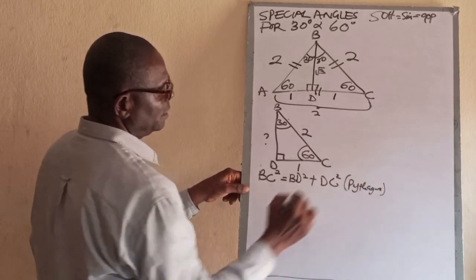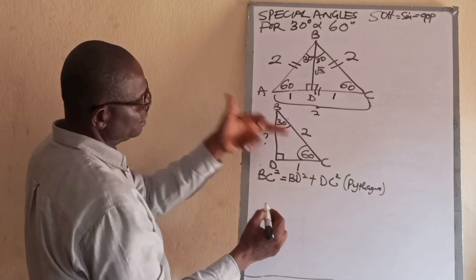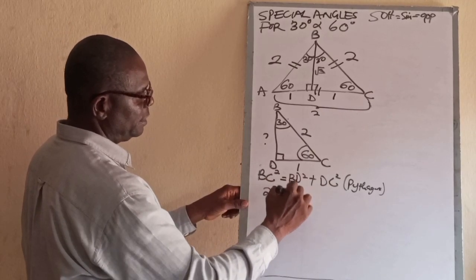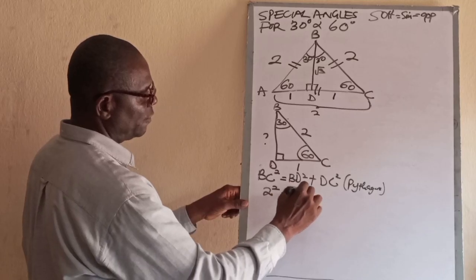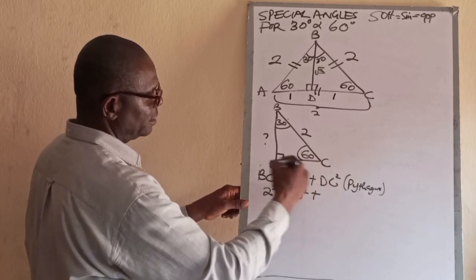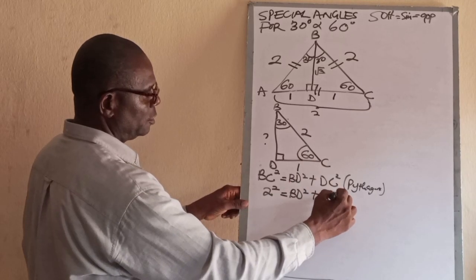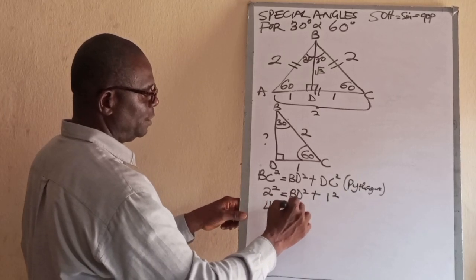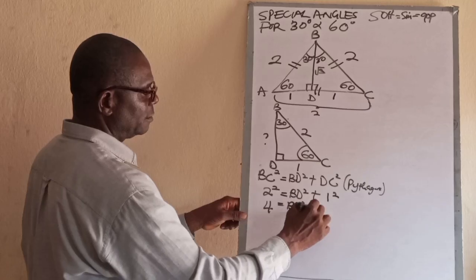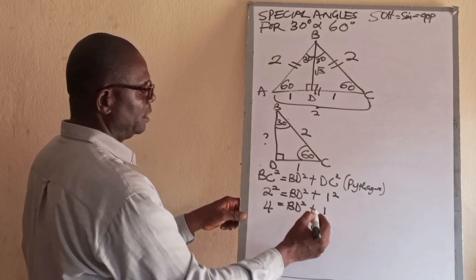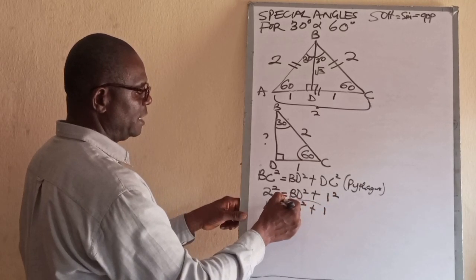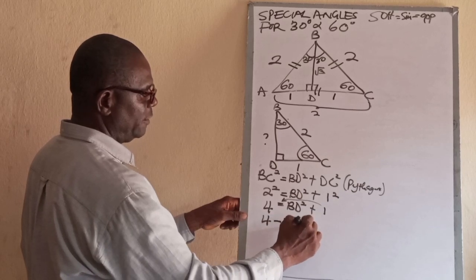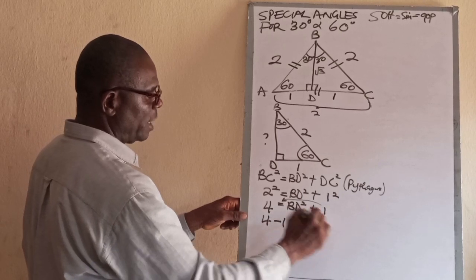Now, what does it mean? Our BC here is naturally 2 squared. Then BD, we don't know the value, that's what we are looking for. Then DC here, the adjacent, is 1 squared. So 4 is equal to BD squared plus 1 squared, which is 1. When this 1 crosses to this side, 4 minus 1 will leave us with BD squared.